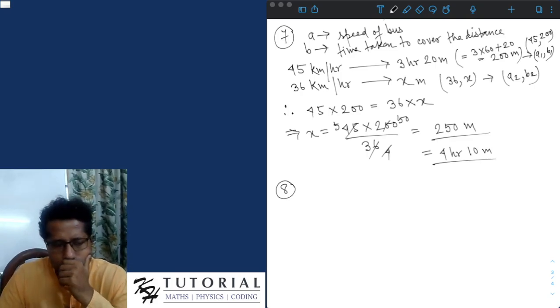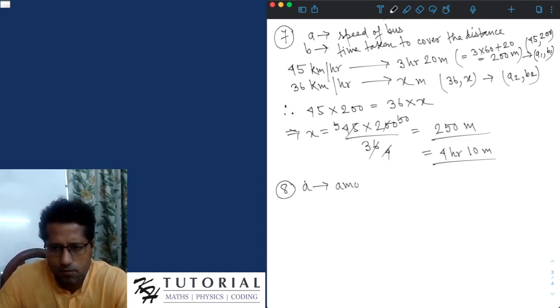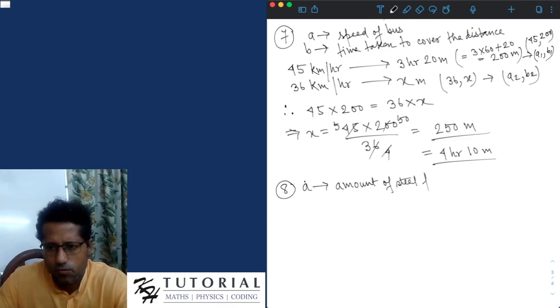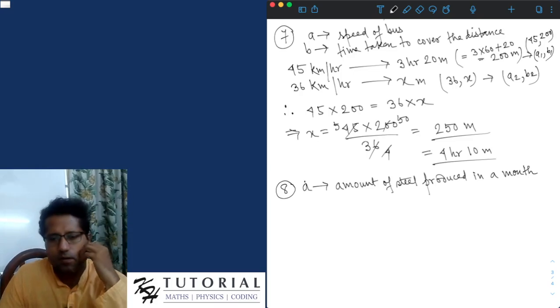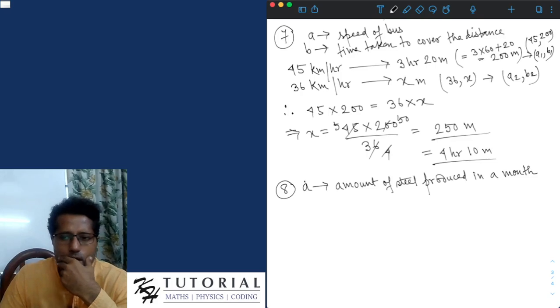Now, let A be the amount of steel produced in a month, and the other quantity is how long the materials will last.